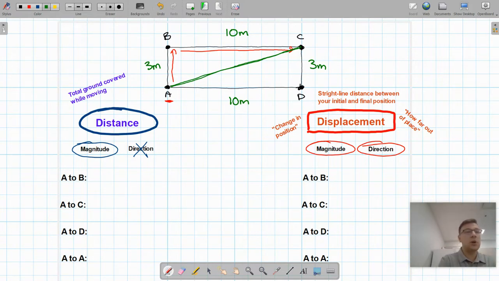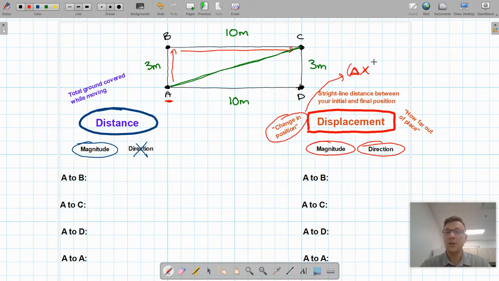And I'm actually going to write this out. Change in position is designated by this little symbol, a triangle, which is the Greek letter delta, okay, delta X. This means change in position. So change in position is designated by that little emblem right there.